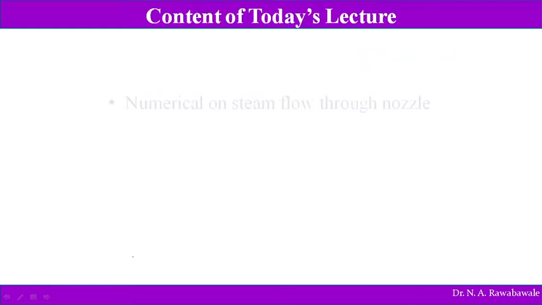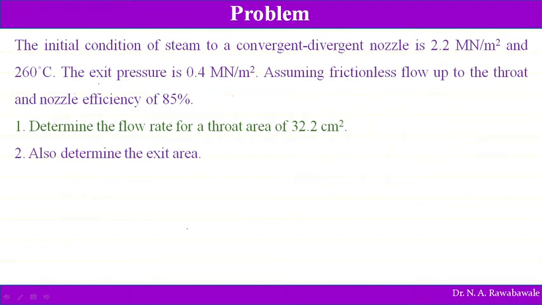So now today we will see the same problem which we discussed in the previous lecture. The initial condition of steam is given for a convergent divergent nozzle. This kind of nozzle is there.